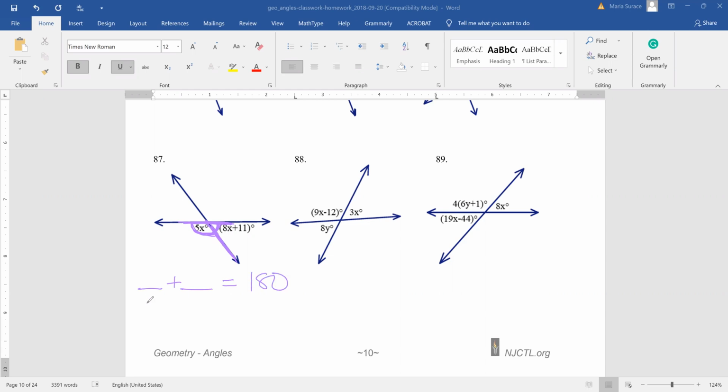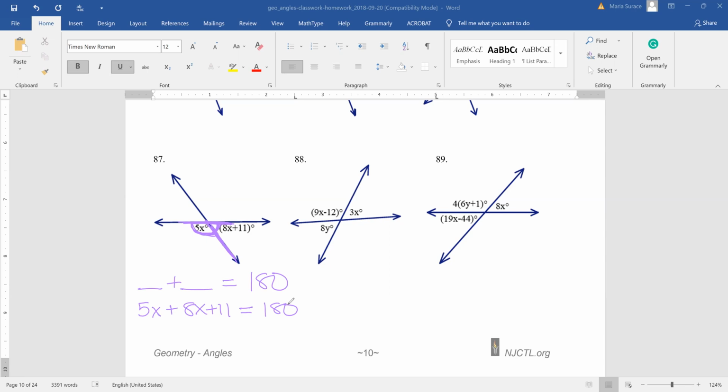So instead of setting 5x and 8x plus 11 equal to each other, they're not equal to each other. They total 180. So I'm going to take 5x plus 8x plus 11, and I'm going to equal it to 180 degrees because the two together make a straight angle.